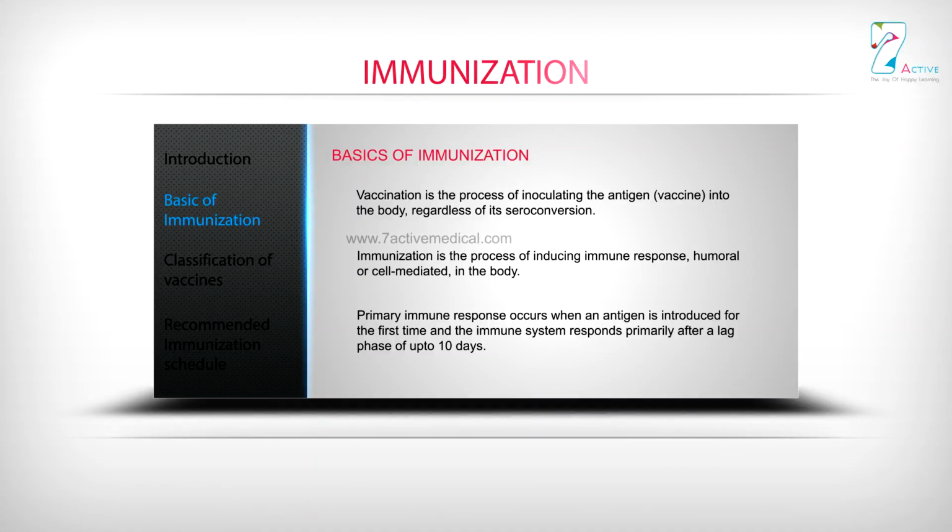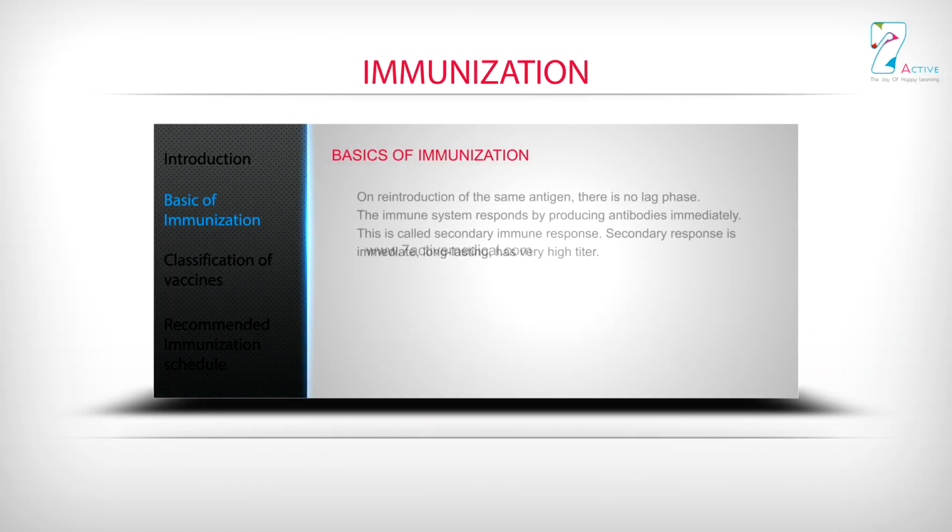Primary immune response occurs when an antigen is introduced for the first time, and the immune system responds primarily after a lag phase of up to 10 days. On reintroduction of the same antigen, there is no lag phase. The immune system responds by producing antibodies immediately. This is called secondary immune response. Secondary response is immediate, long-lasting, and has very high titer.